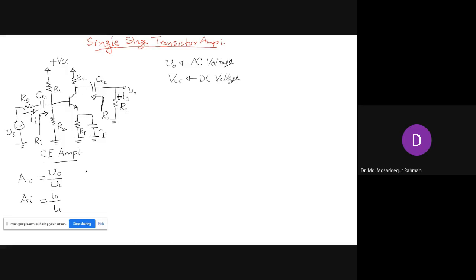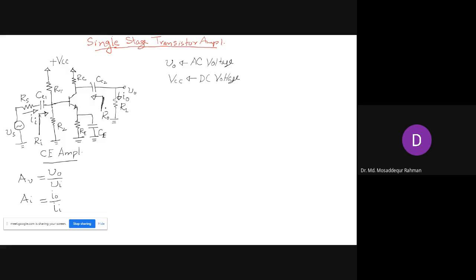Now these are all AC parameters. The output resistance is also an AC parameter, because it is related to the AC quantity at the output. We are taking the output AC voltage, not the DC. So the output resistance is the resistance seen by the AC quantity V naught.